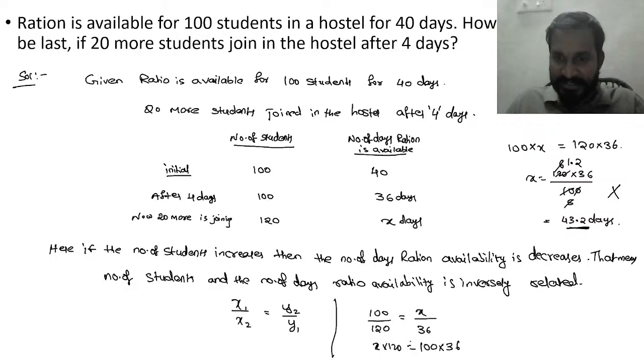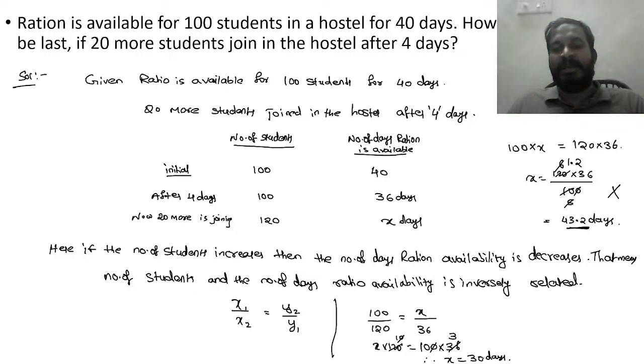Due to space issues, I will cancel it: 10 times and 3 times. The zeros get cancelled. Therefore x is equal to 30. Therefore the ration will be available for 30 more days.